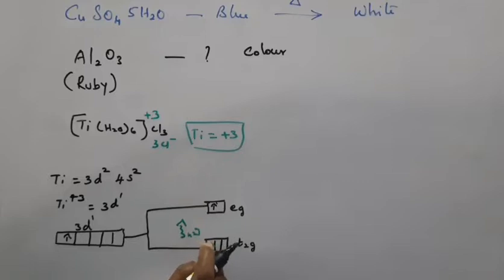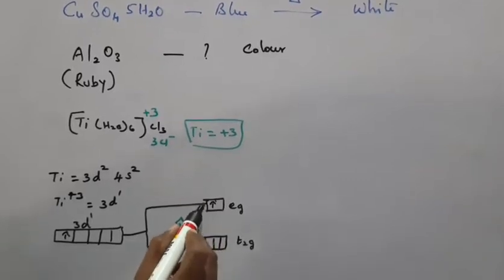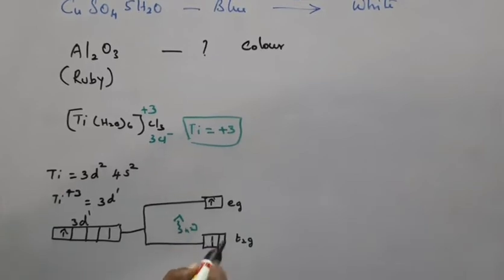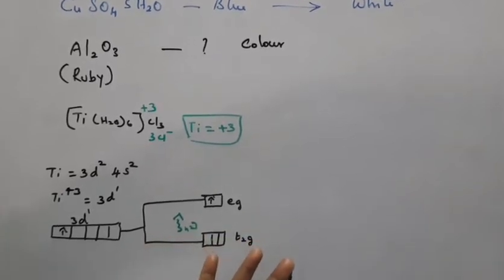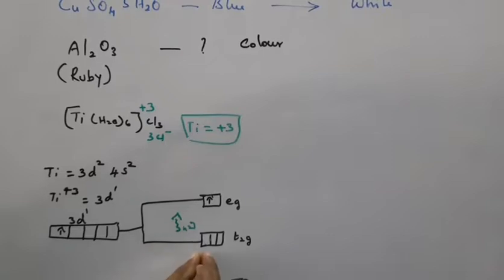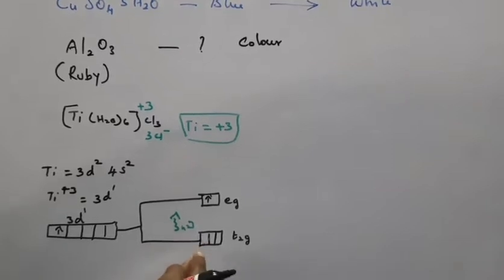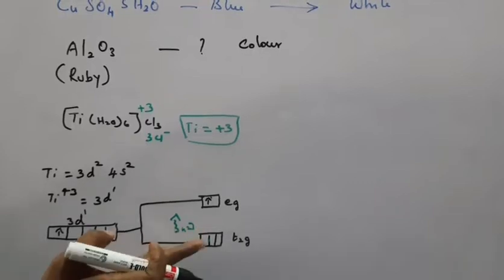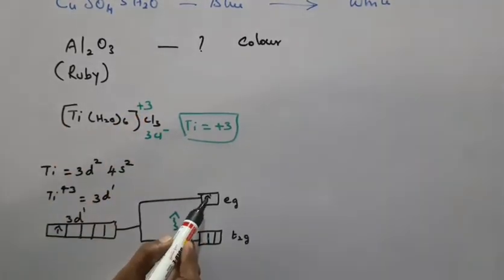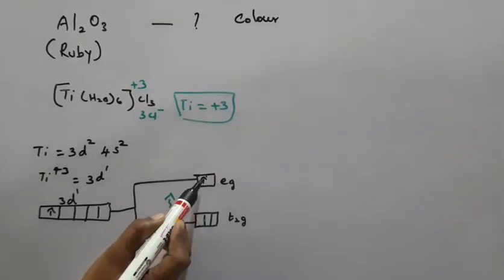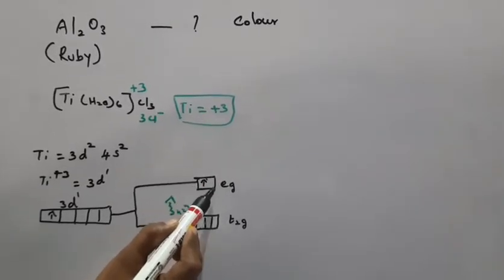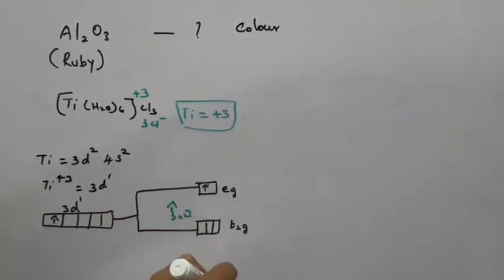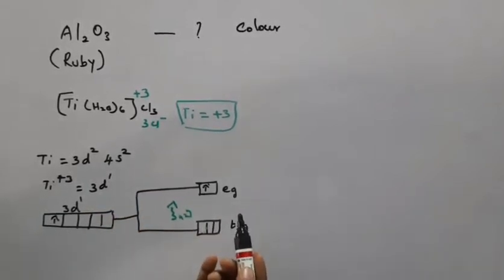The excited state is not stable, so it wants to come back. While coming back to the ground level, it emits its own color. First of all, only one unpaired electron is present. That unpaired electron absorbs the energy and goes to the excited state, which is not stable, so it comes back, emitting the corresponding light.